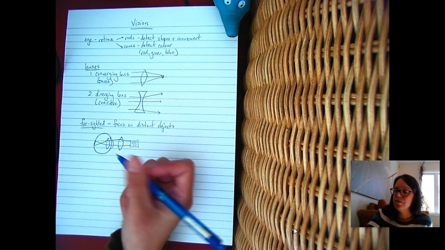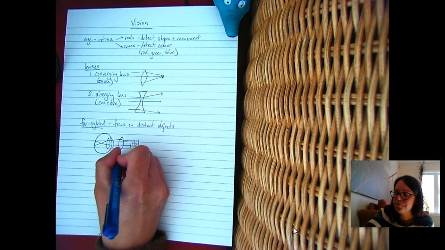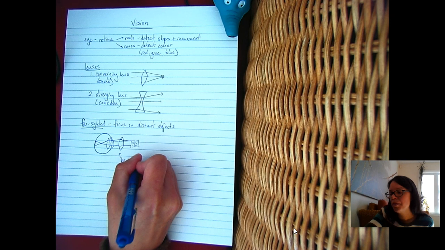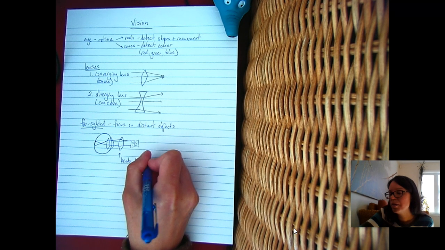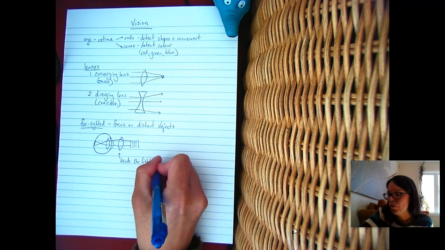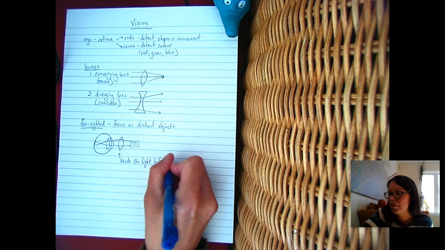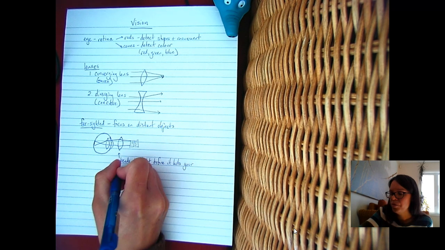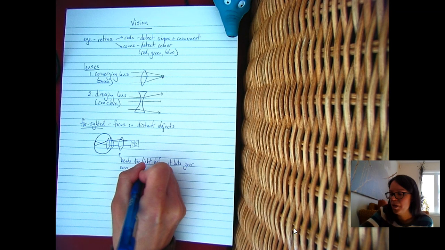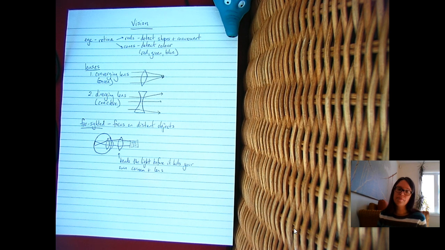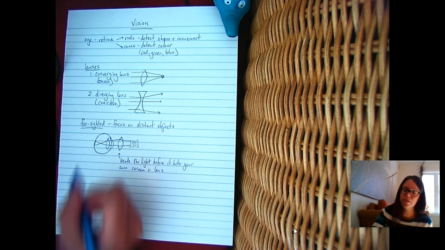Okay, so what this lens is doing is it bends the light before it hits your own cornea and lens. Okay, so that where the image is falls at the correct part on your retina.